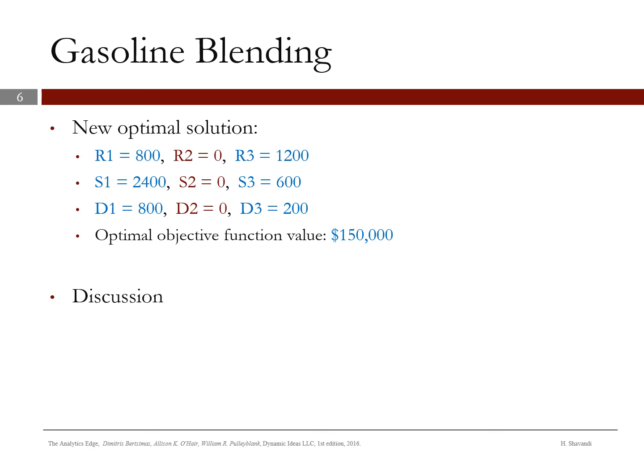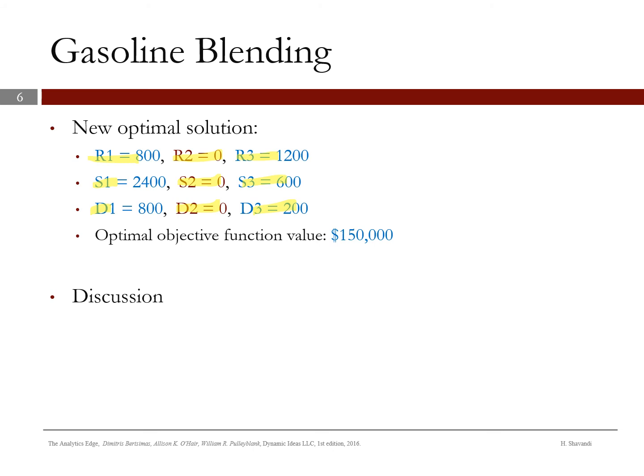So here we have the new optimal solution, and as you see here, we are not using crude oil type 2, we are just using crude oil types 1 and 3, and also we are producing all three products: regular gasoline, super gasoline, and also diesel, okay?